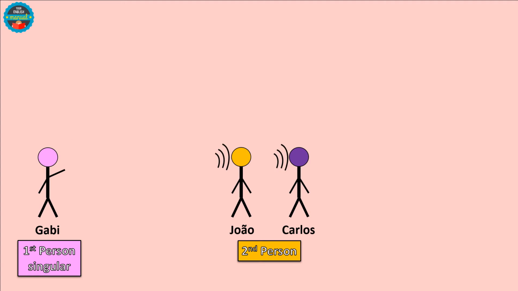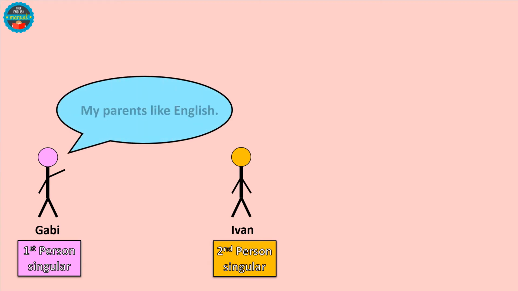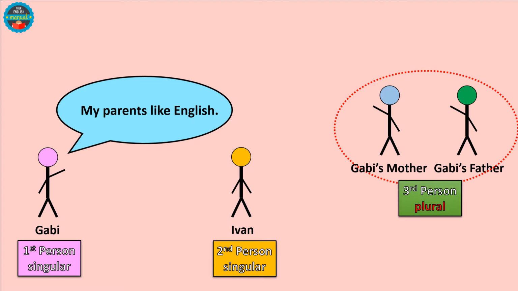If that happens, we have another group called the second person plural. And it's also possible that the first person is talking to the second person about more than one person. In this case, we have one last group called the third person plural.